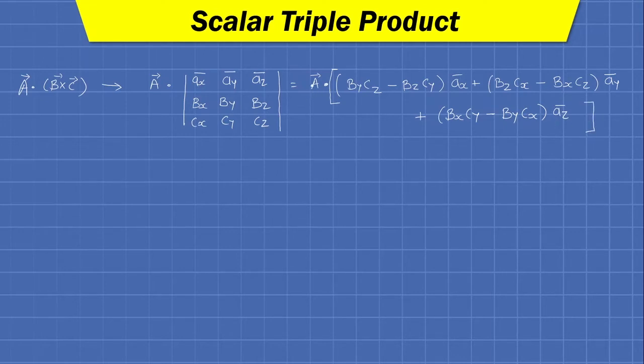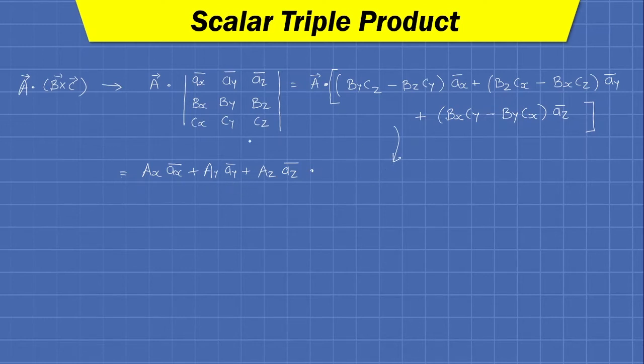Now if we apply this dot product with all these terms, we know that a bar can be written as ax into ax bar plus ay into ay bar plus az into az bar, dot, this same square bracket will come here.